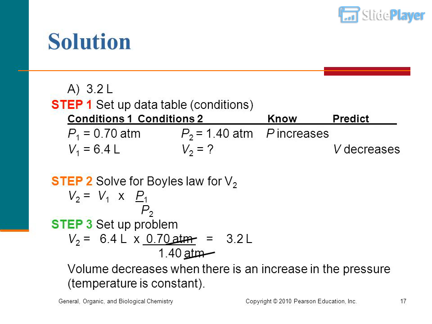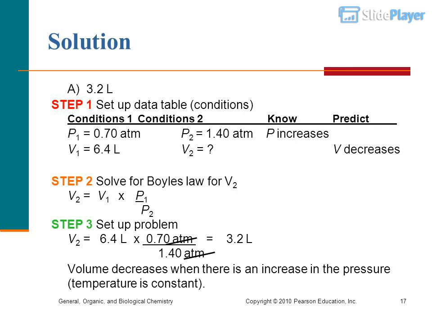V decreases. Step 2. Solve Boyle's law for V2. V2 equals V1 times P1 over P2. Step 3. Set up the problem. V2 equals 6.4 liters times 0.70 atmospheres over 1.40 atmospheres equals 3.2 liters. Volume decreases when there is an increase in the pressure.